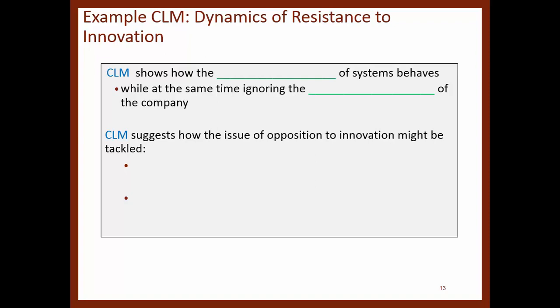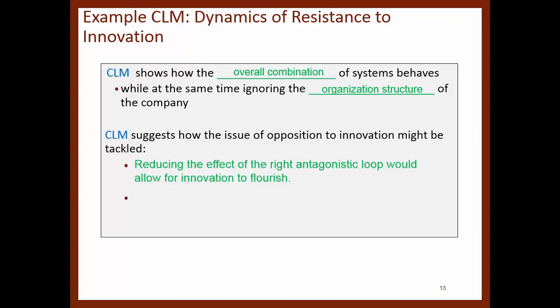So the Causal-Loop model shows how the overall combination of systems behaves, while at the same time ignoring the organization structure of the company. The Causal-Loop model suggests how the issue of opposition to innovation might be tackled. For example, if we look back at that diagram, reducing the effect of the right antagonist loop will allow for innovation to flourish.